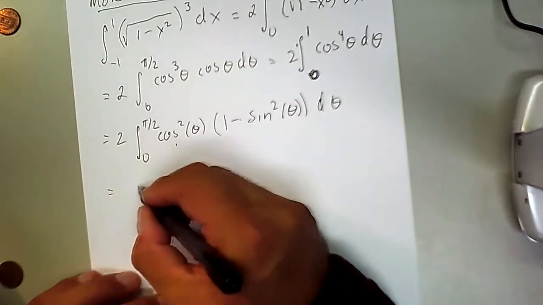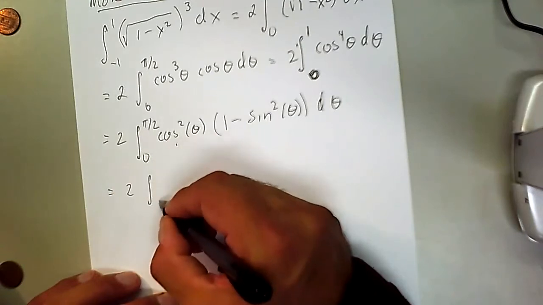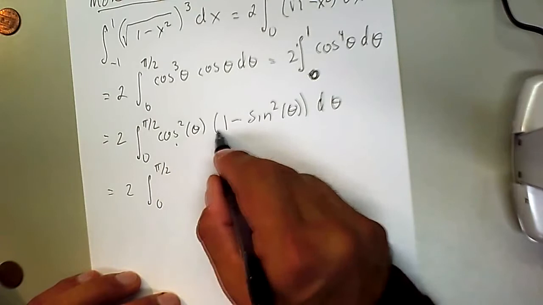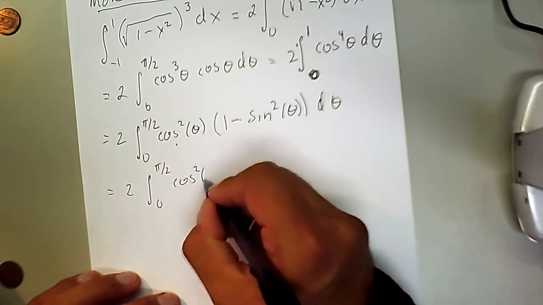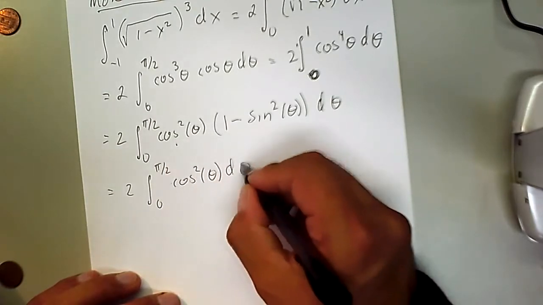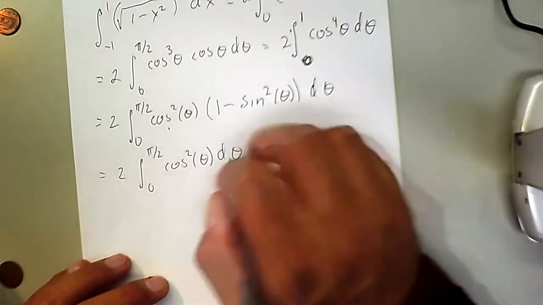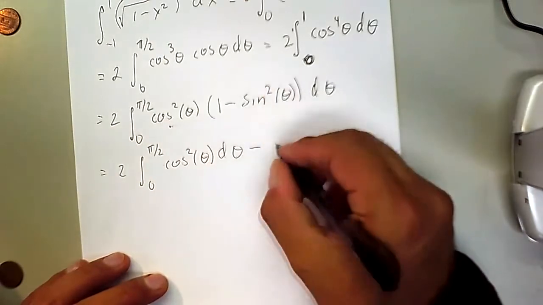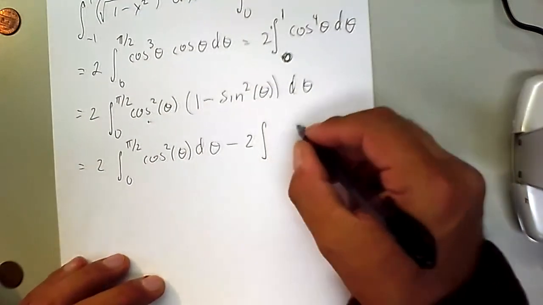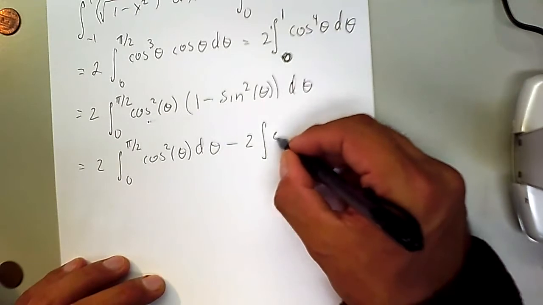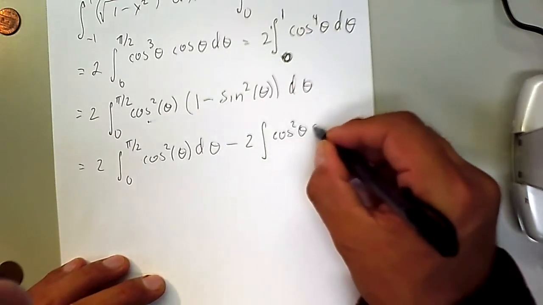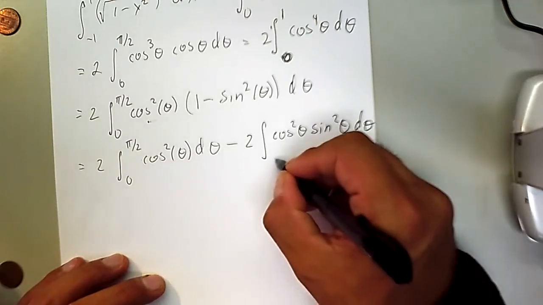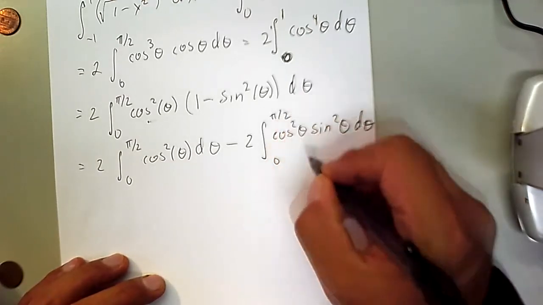And then we're going to split that into two integrals, 0 to pi over 2. When we distribute this, we end up with cosine squared theta d theta minus, remember the 2 is involved in the whole thing, so the 2 distributes. Cosine squared theta sine squared theta d theta from 0 to pi over 2.